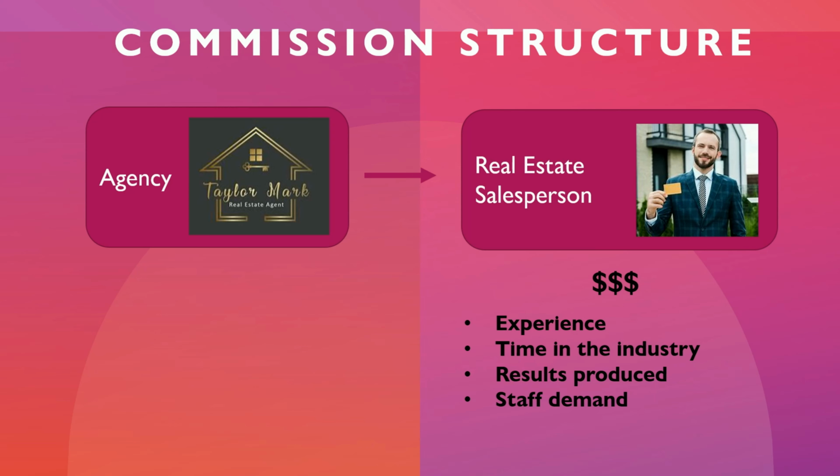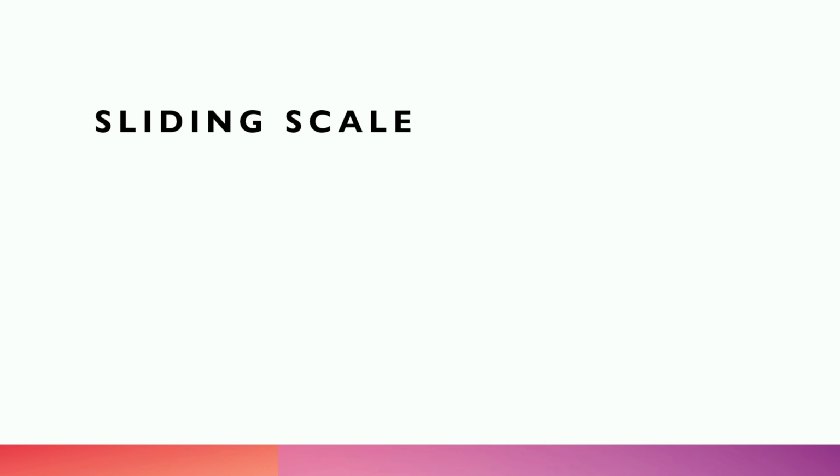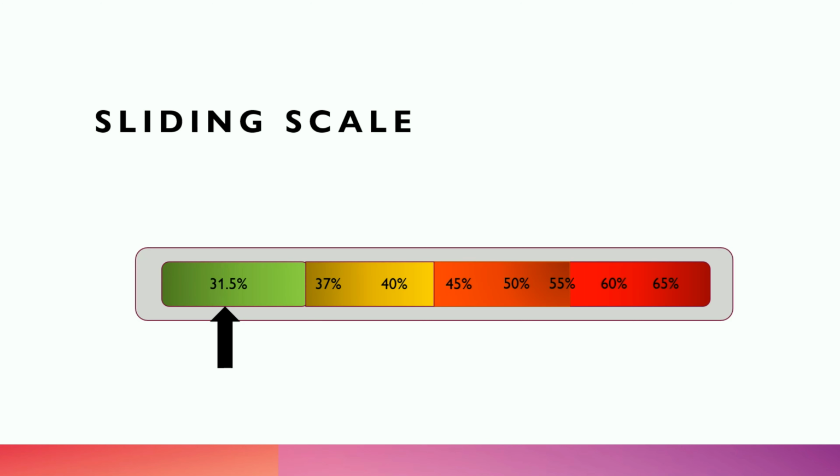A common method to determine the amount of commission paid to staff is to use a sliding scale. A sliding scale commission is a percent paid by the agency to the salesperson, which slides with the increase of sales made by the agent, subject to set minimum and maximum amounts, also known as graded commission.